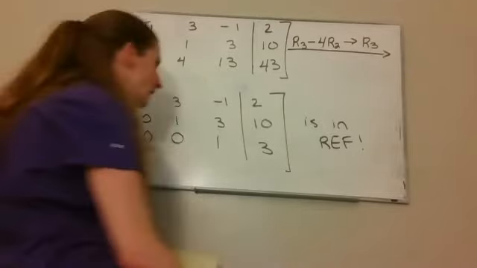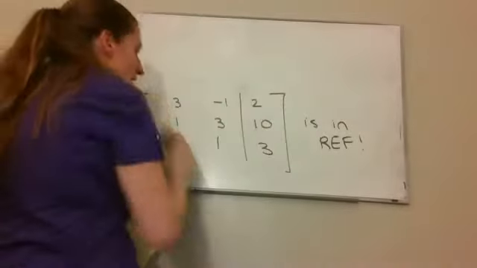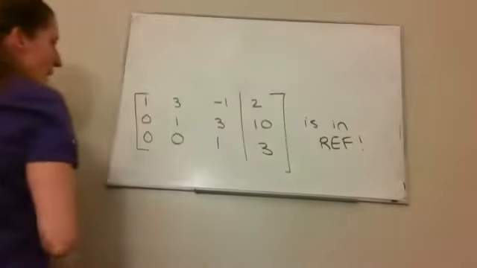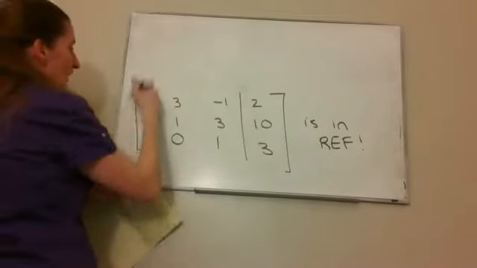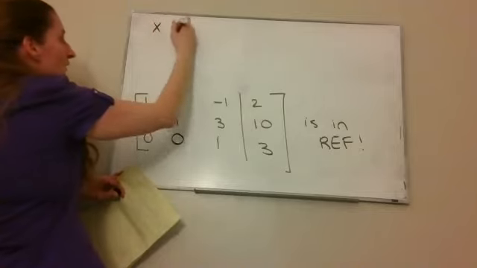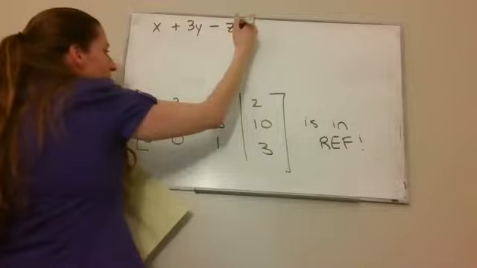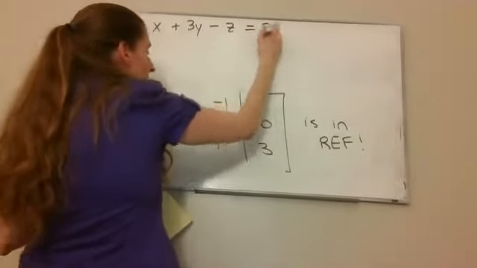That means we're ready to translate it back into a system of equations and then back substitute to solve. So I have my row echelon form of the matrix, and now let's translate it back into a system of equations. I have, from my first row, 1x plus 3y minus 1z equals 2.